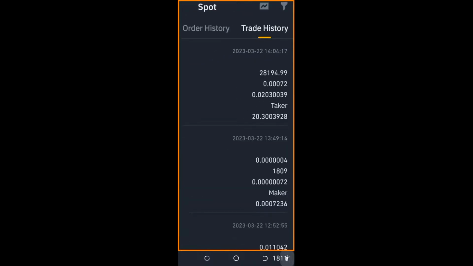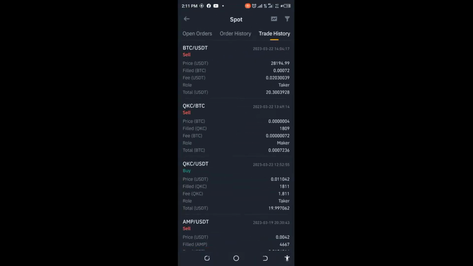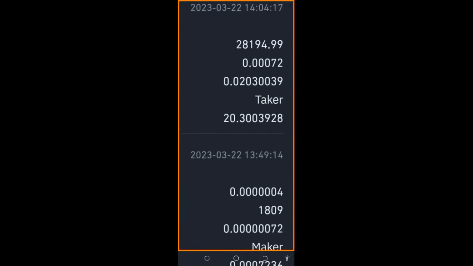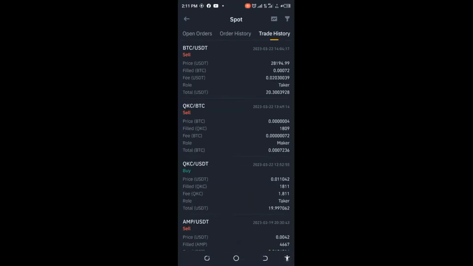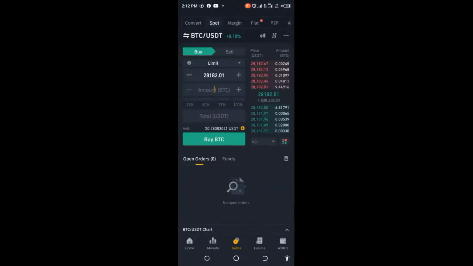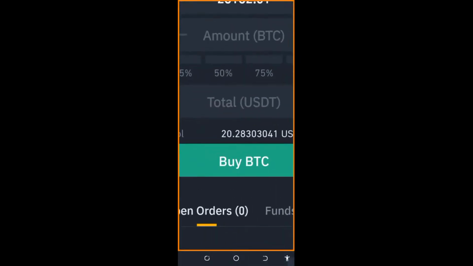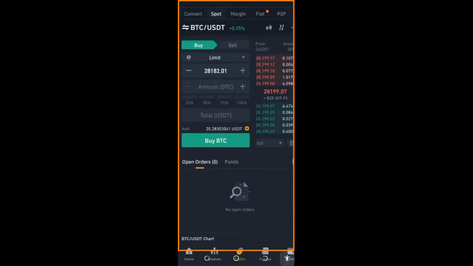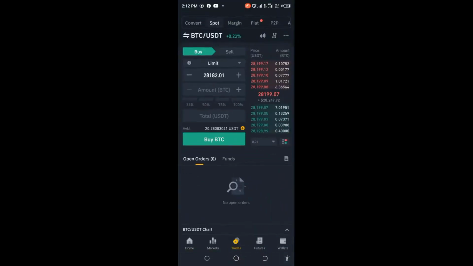That's the reason why. The total USDT plus the fee was 20.30, but when they took out their 2 cents, what we have here is 20.28. So just remember that the fees were taken out. Initially, BTC USDT didn't attract any fees, but now the fees are back.